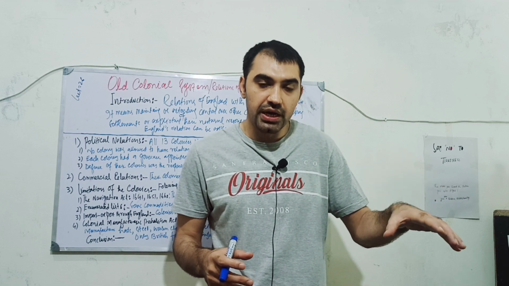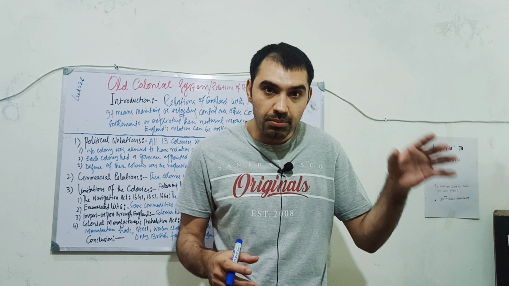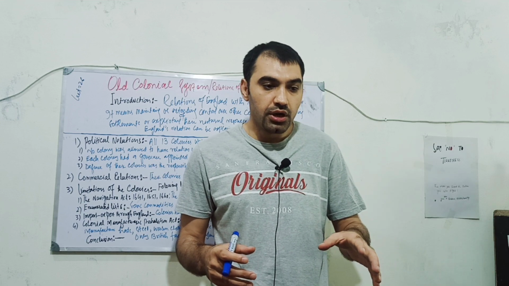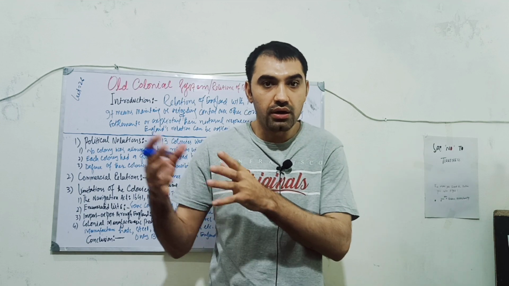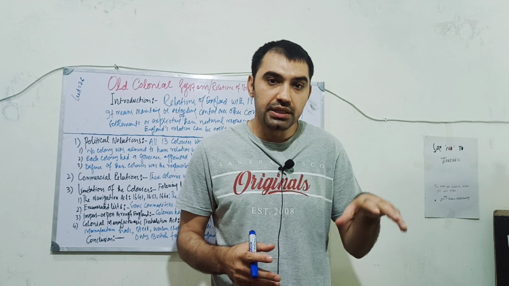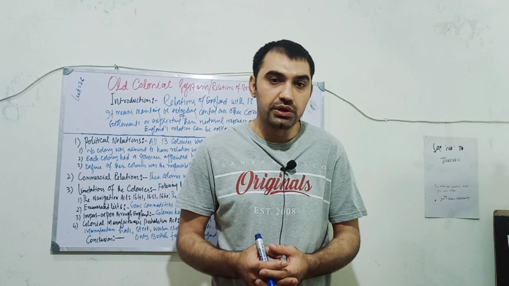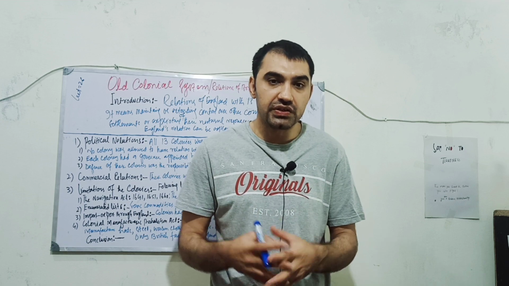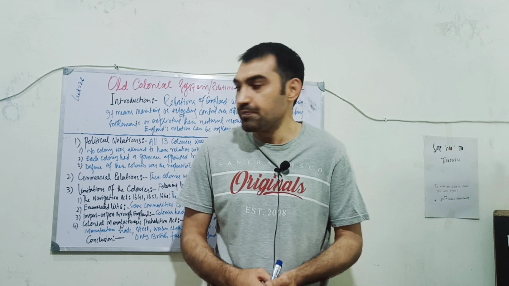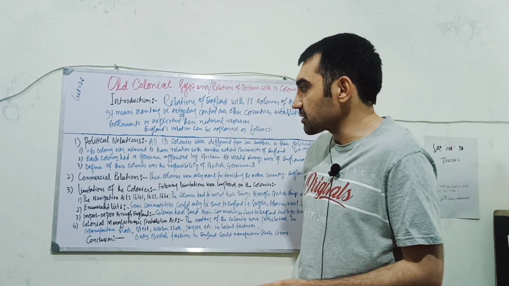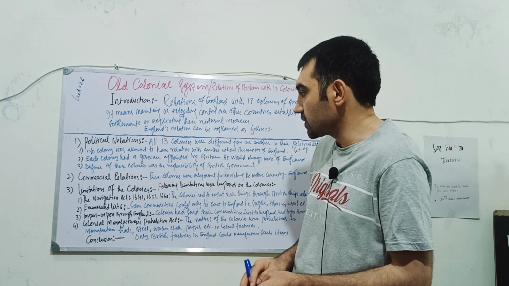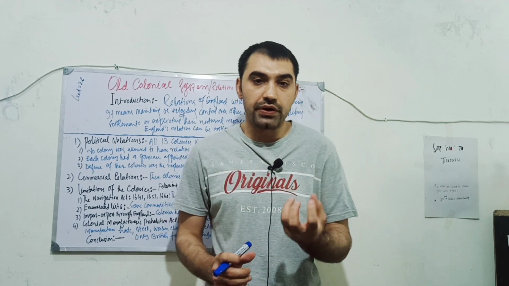Some colonies had a democracy which was more developed than the British in these aspects. They would democratically elect their leaders. And the second aspect in political relation was that each colony had a governor.